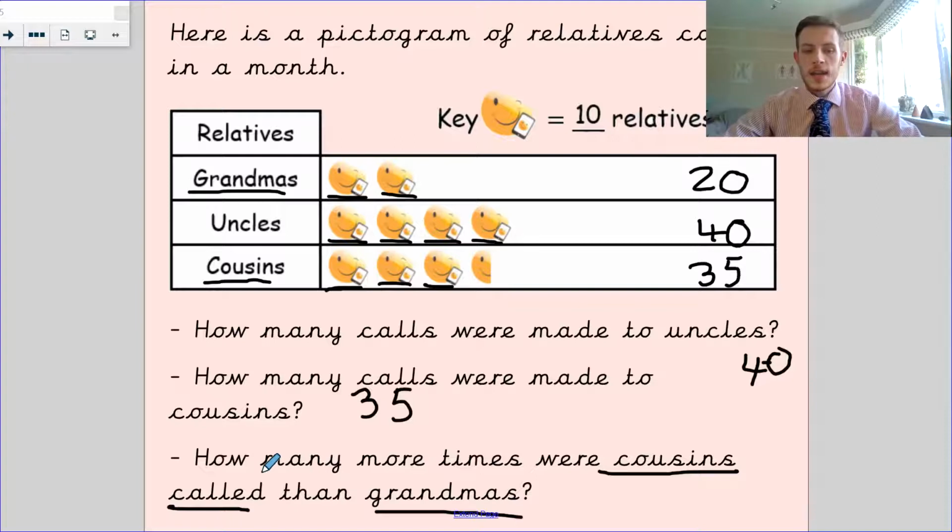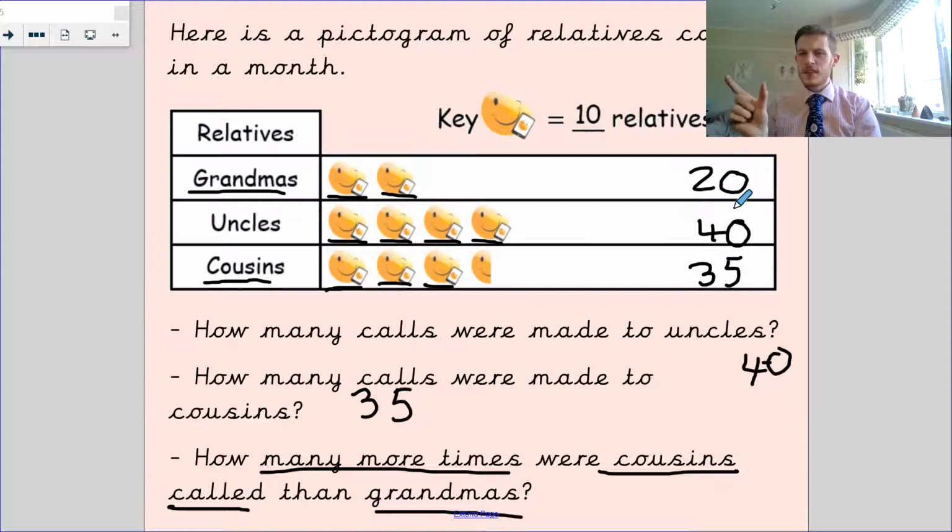Now, how many more times were the cousins called than the grandmas? So what we need to do is we need to put either 20 in our head and count forward until we get to 35, or we could count from 35, we could count back to 20.